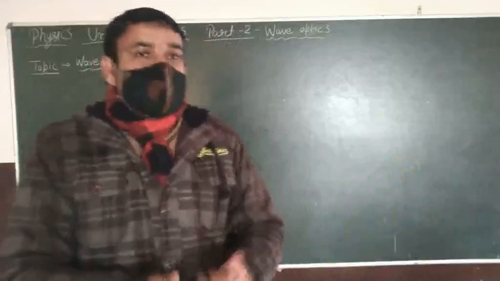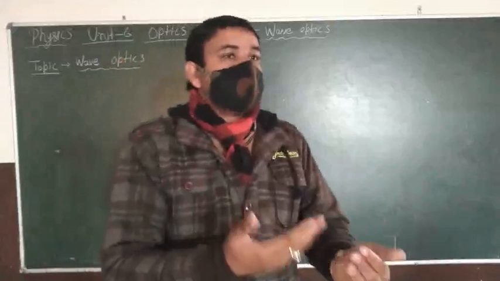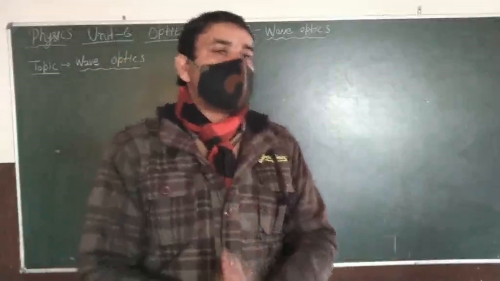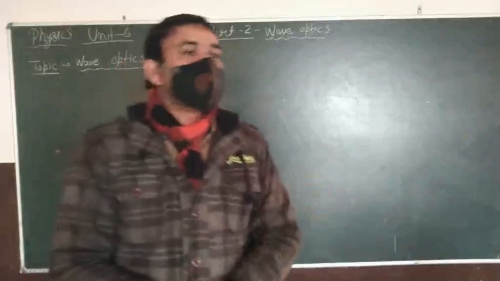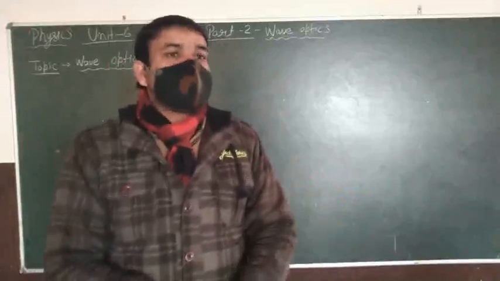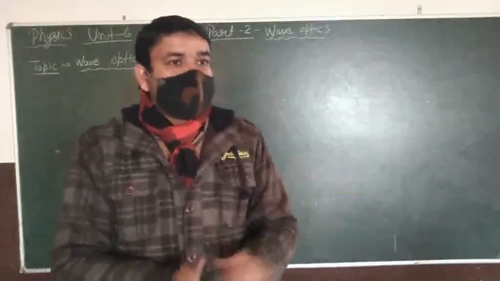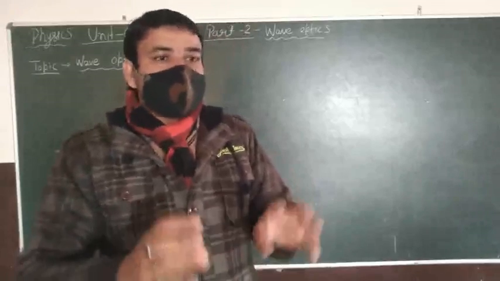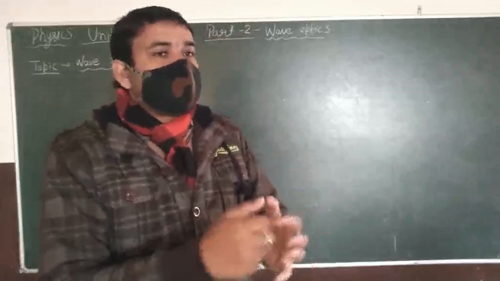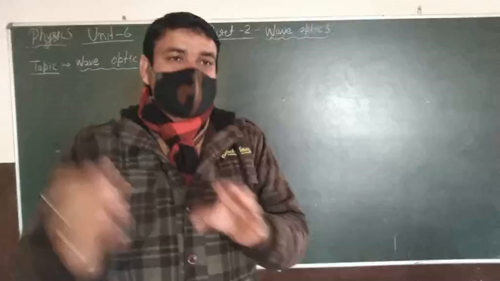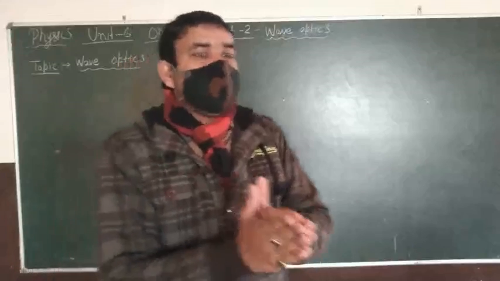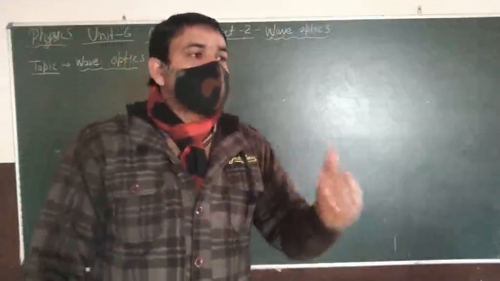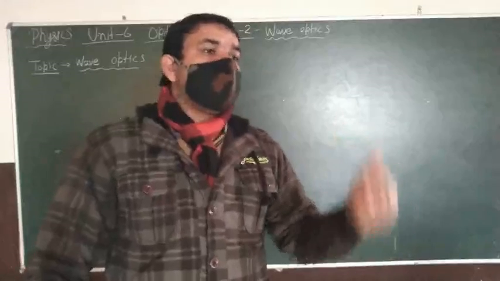After that, in 1678, after the work done by Newton on optics, the Dutch physicist Christian Huygens did some work on the same thing, and he assumed that these small particles are light particles, and they have some energy, and when they are moving, each particle behaves like a wave.